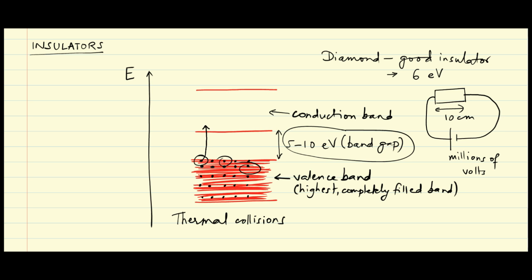So the electron may find itself in, let's say, this energy state after a thermal collision. And now clearly for this particular electron there are many vacant energy states available immediately above it.